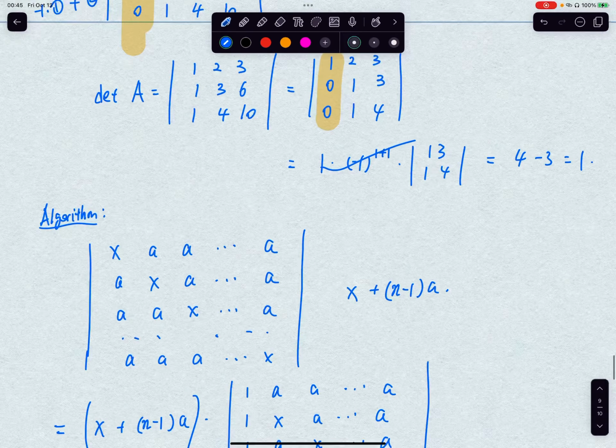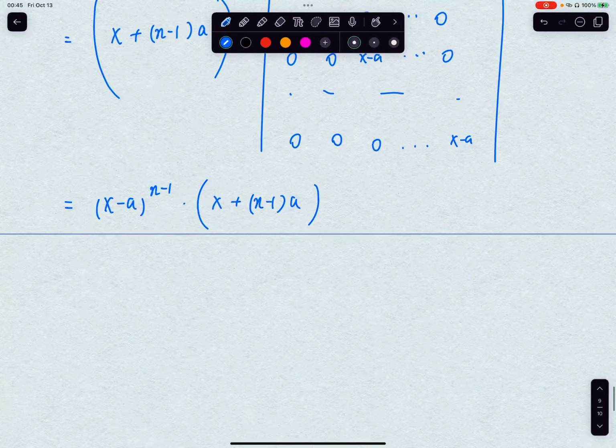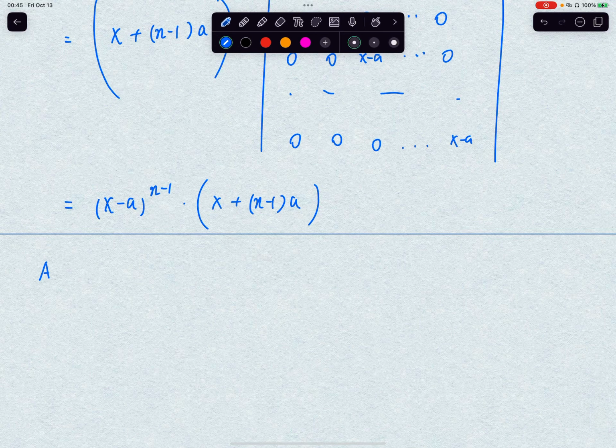And now we introduce another algorithm. This is called the Vandermonde determinant.